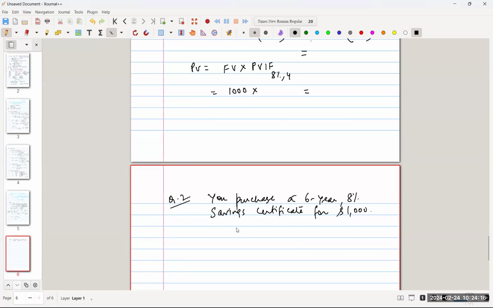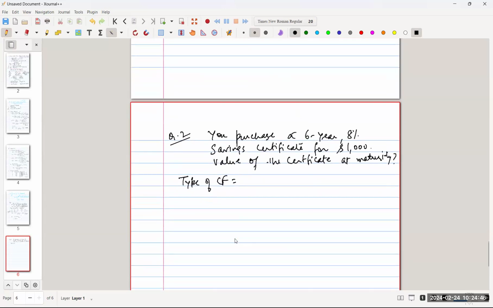The question is, what will be the value of the certificate when it matures at maturity? So what do you think this question is about? What type of cash flow is implied here? There can be only three possibilities: either it's a single sum or a stream. And if it's a stream, then it can be either an annuity or a mixed stream.